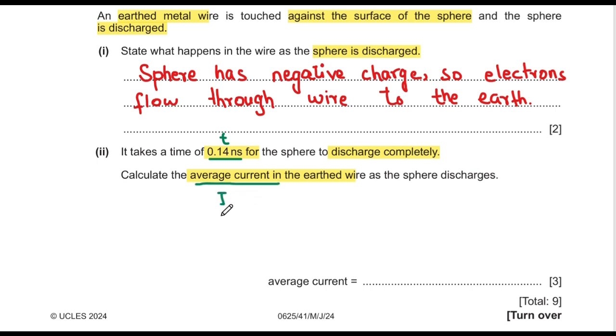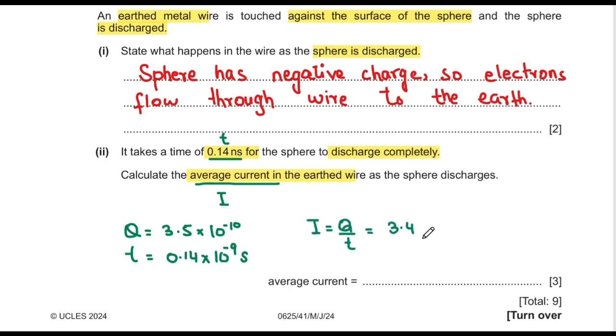We know the charge on the sphere was 3.5 into 10 raised to power negative 10 coulomb, and the time is 0.14, as it's nano, so I'm multiplying it by 10 raised to power negative 9 seconds. Current is defined as charge passing in unit time. So charge is 3.5 into 10 raised to power negative 10, time is 0.14 into 10 raised to power negative 9 seconds. So current is 2.5 amperes.